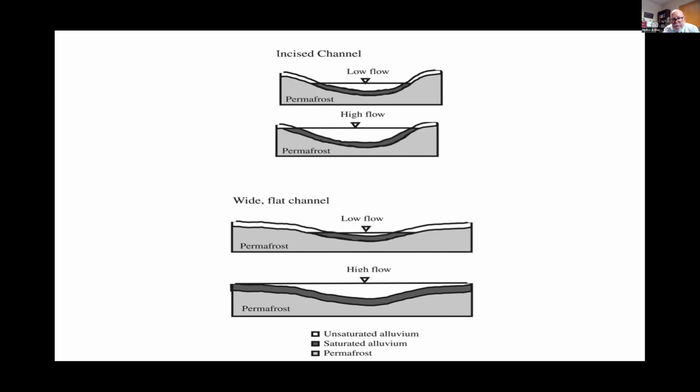And water flows not only in the channel, but into the banks and the subsurface sediments of the streams. And the inundation is much more severe during high flows. And this is where we think the bulk of the chemical weathering is occurring in the system, in these hyporheic zones, these saturated sediments.